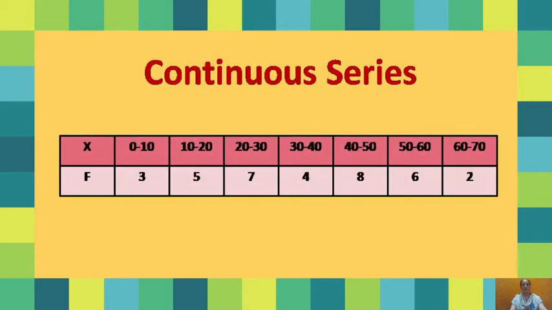For example, here you can see in the table X is representing the observations, and the observations are in the form of classes like 0 to 10, 10 to 20, 20 to 30 up to 60 to 70. For each and every class, respective frequencies are given. So one can identify such a series as a continuous series.